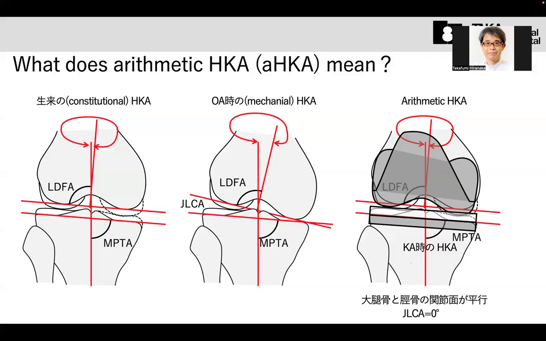So we can estimate the postoperative alignment after kinematic alignment. Of course, we can easily estimate it after mechanical alignment too: 0 degrees HKA, 90 degrees MPTA, 90 degrees LDFA. That's all.